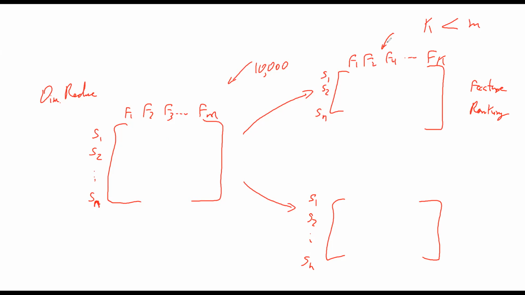In feature ranking, you use some kind of algorithm, like the one we used, information gain. If we have time, we will cover these, but I don't know that we will have enough time. Or the chi-square. Those are algorithms for feature ranking.